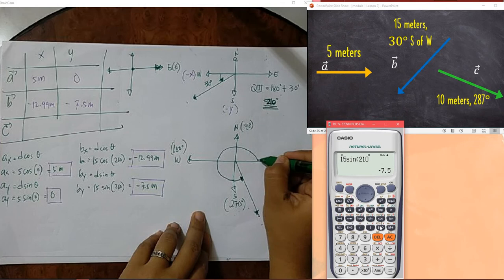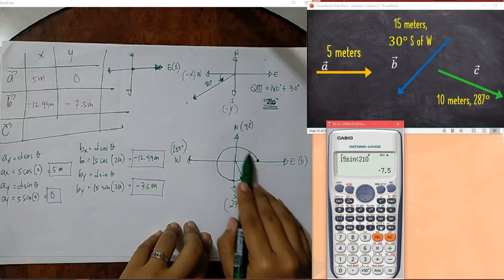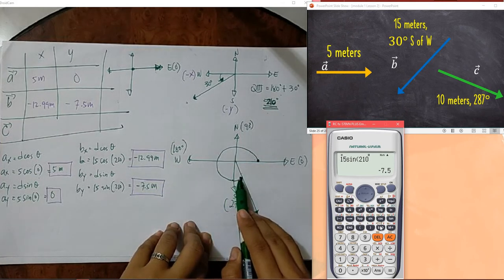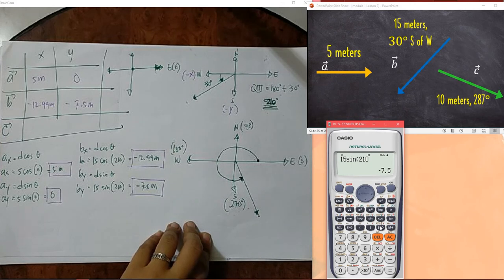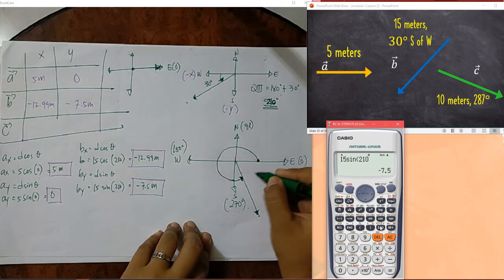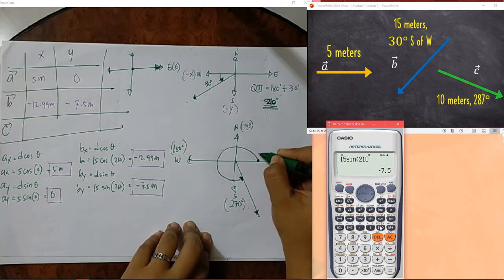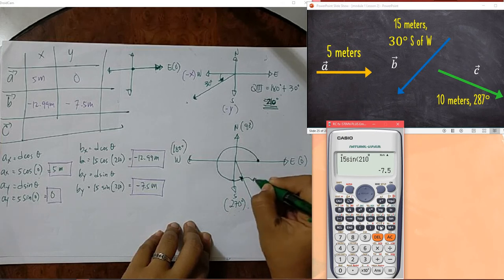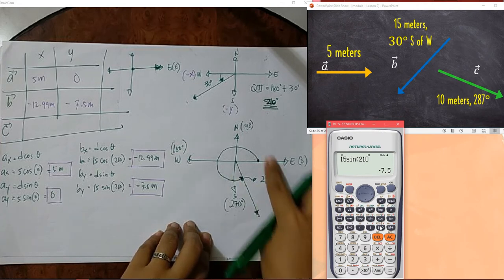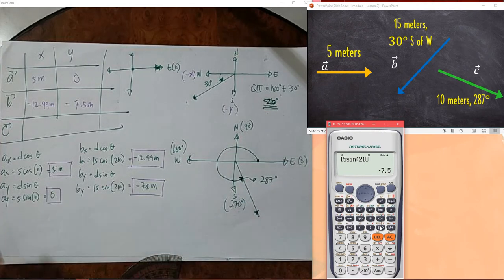From here, following the counterclockwise direction, this is already 287 degrees. Let me just add an arrow like this. Okay, that's 287. Now the question is, do we need to use this?